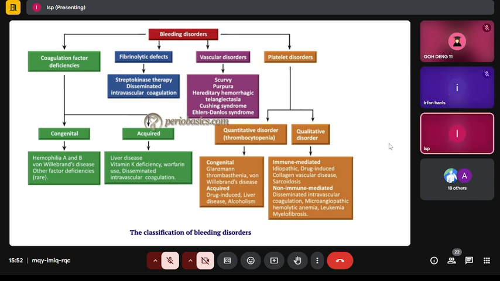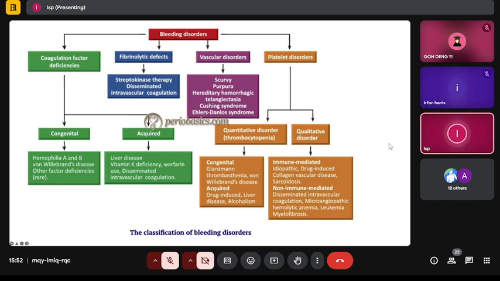Scurvy is due to vitamin C deficiency, making the mucosa or the vascular structure not strong enough, so your vessel easily ruptures and you have easy bleeding. Then another is hereditary hemorrhagic telangiectasia, where your vessel wall is tortuous. You have easy rupture of vessel causing bleeding.